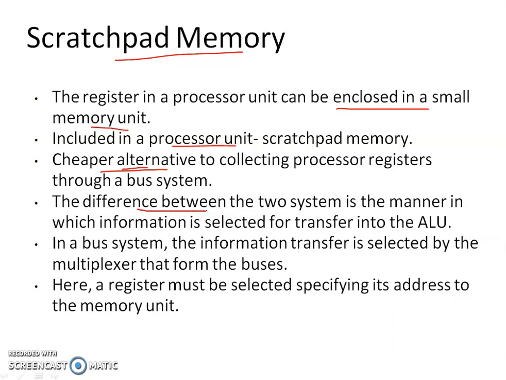The difference between the two systems is the way in which the information is selected for transfer to the ALU. How the information is retrieved from the scratchpad memory and from the normal general purpose registers varies. In a bus system, the information transfer is selected by the multiplexer, which retrieves the information from the register.